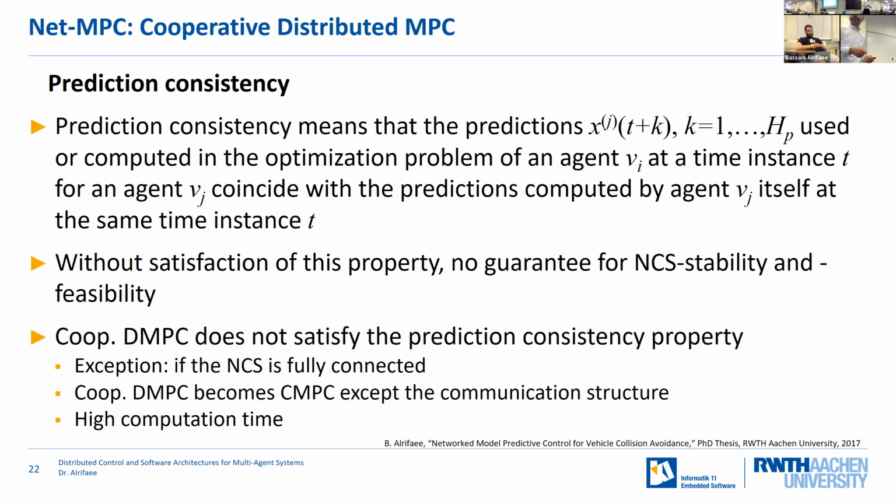This is what we want to achieve, and it is a very important property in the network system. If we cannot satisfy it, we cannot guarantee any stability and feasibility of our system. Cooperative DMPC doesn't satisfy it, except if the NCS is fully connected, and then the cooperative DMPC becomes centralized MPC, and then we have high computation time, which we don't want.